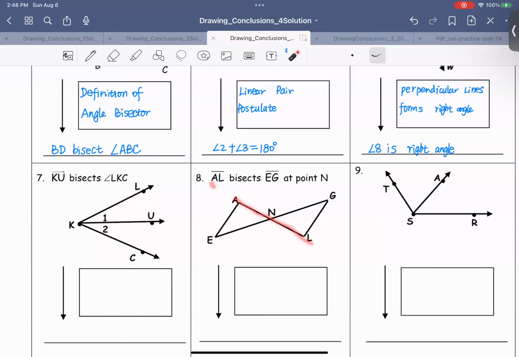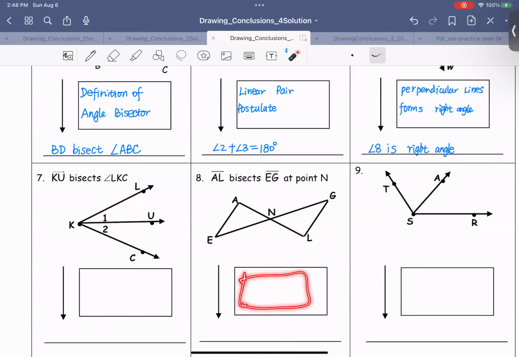AL bisects EG. So your conclusion is? This line bisects this segment. That means that P is congruent. Okay? Because what? Because it's called a segment bisector.